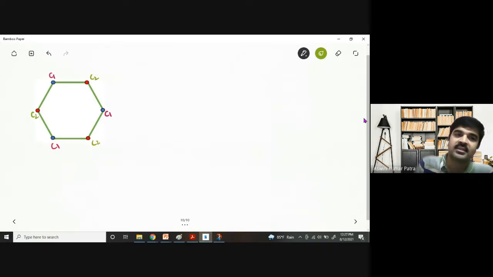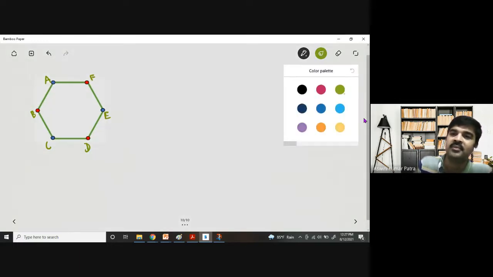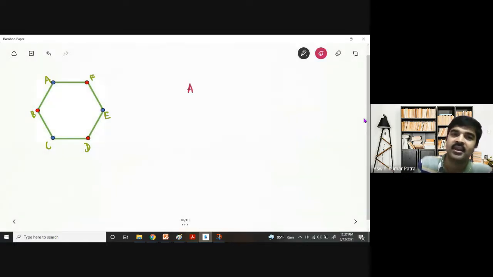Now let me name those nodes A, B, C, D. I have two different sets. A is colored blue, C is colored blue, E is colored blue. And B is colored red, D is colored red, F is colored red.